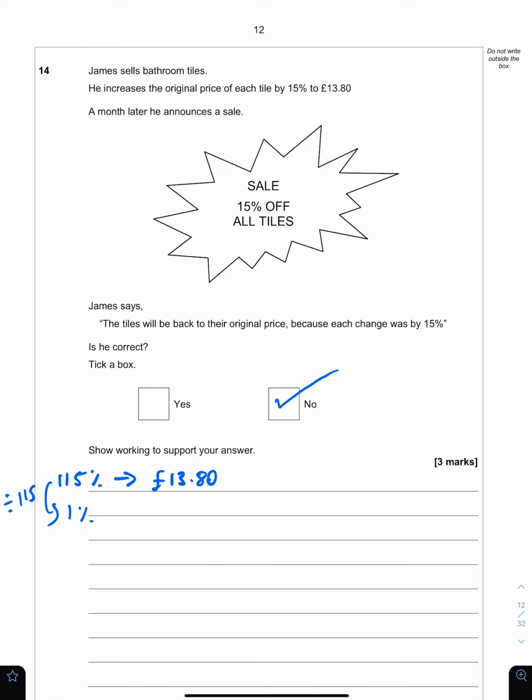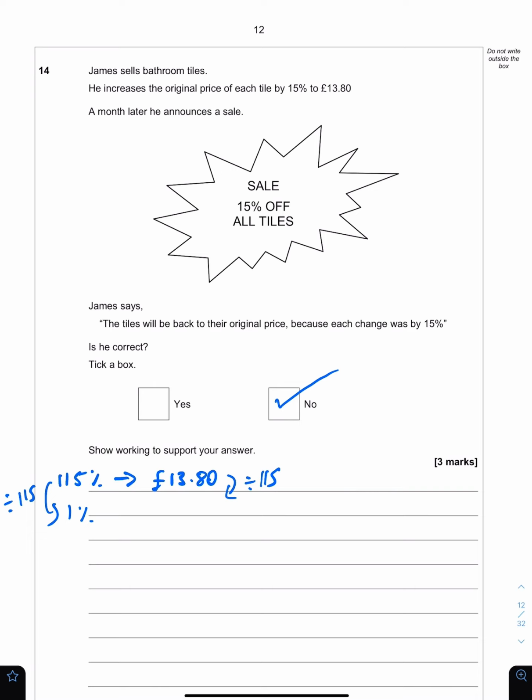£13.80. I'm going to divide by 115 on the other side as well, because that's what you have to do. If you do this one thing to one side, you've got to do the same to the other.